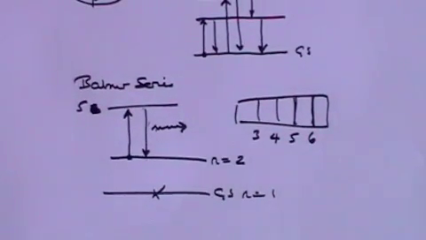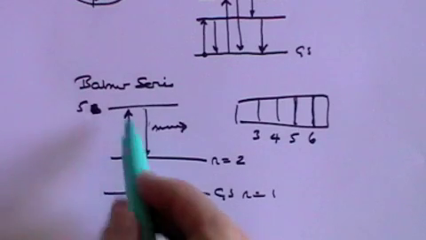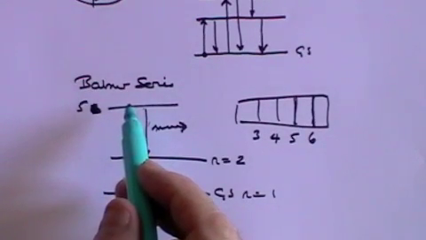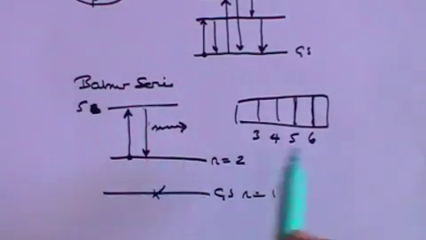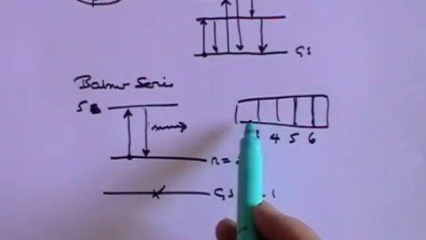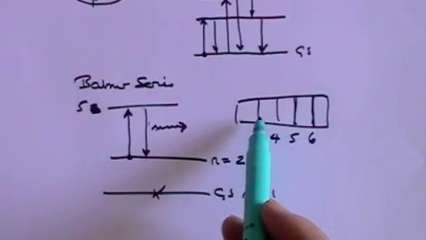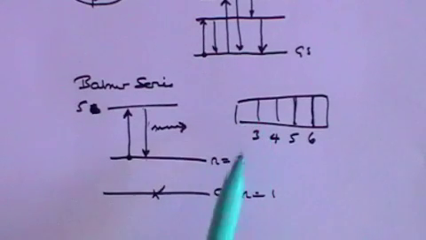Now the temperature of the star determines the amount of energy that you've got to get these electrons promoted up in the first place. So the hotter the star, the greater will be the intensity of the spectral lines which represent the greater energy.